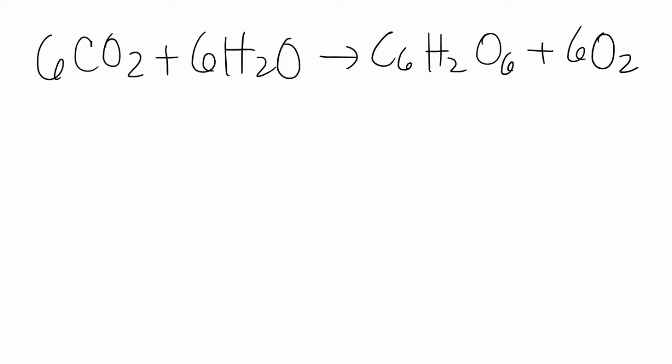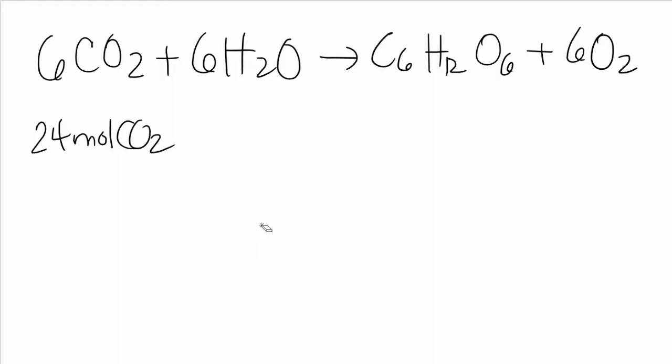So, this is basically photosynthesis. So, ang sabi sa problem kanina ay 24 moles of carbon dioxide will react with water to produce glucose. So, ang tanong natin, gaano karaming glucose in grams?